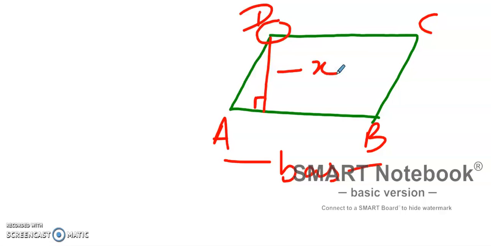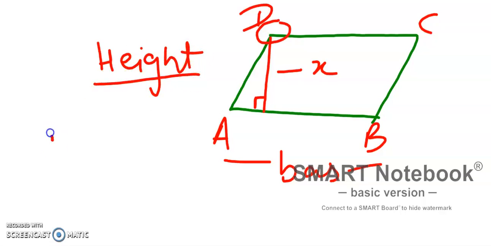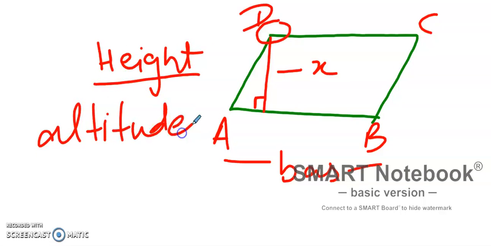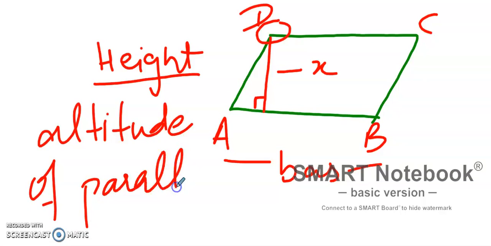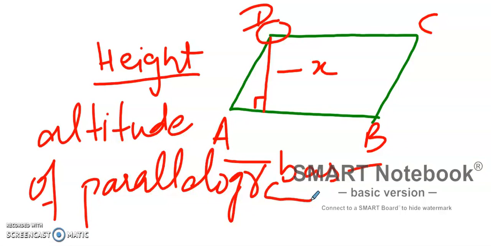Whatever the value of x is, that is the value of your height. I mean the height of your parallelogram, and height is also known as the altitude of the parallelogram. So this line segment in red color is the height or altitude of your parallelogram.